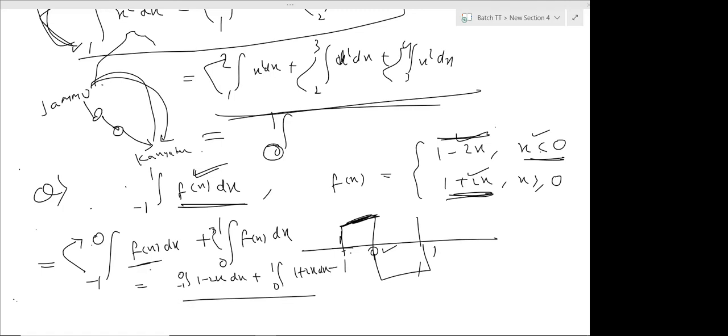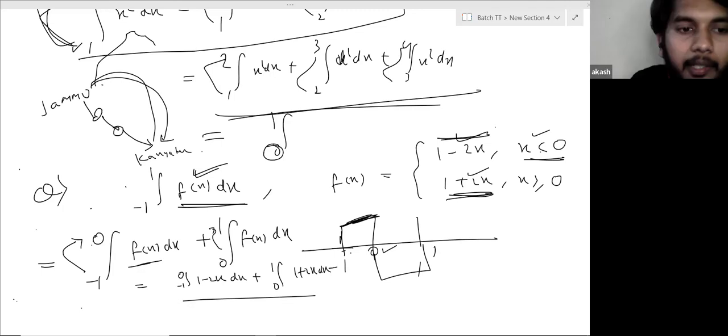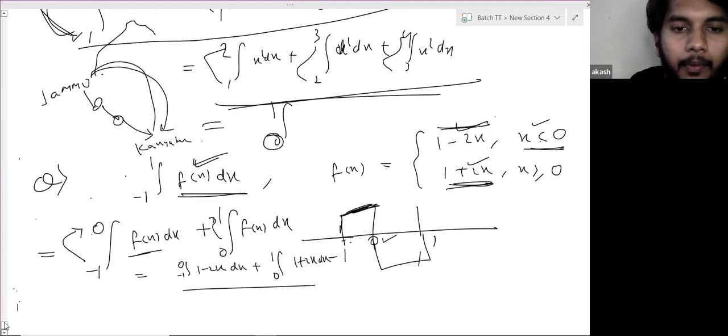So is it 4? We do not have the final answer. Let me solve it. Integration of 1 is x, and this is minus x square, from -1 to 0, plus x square.